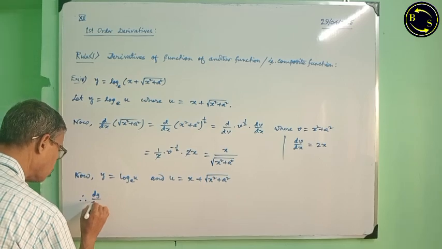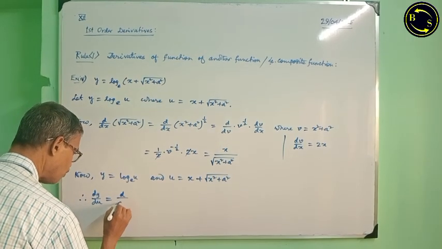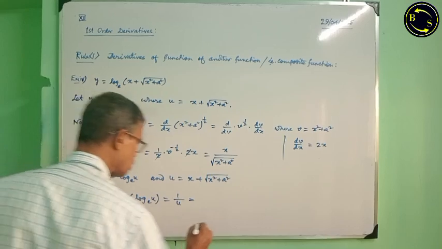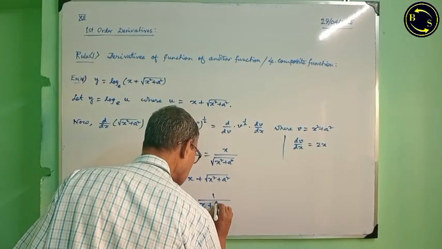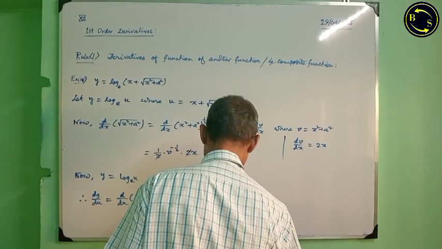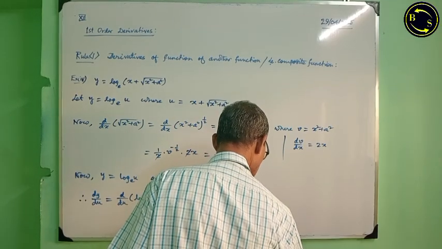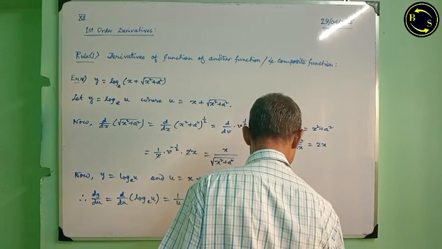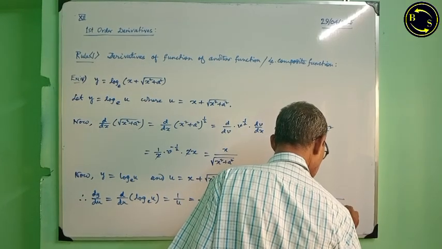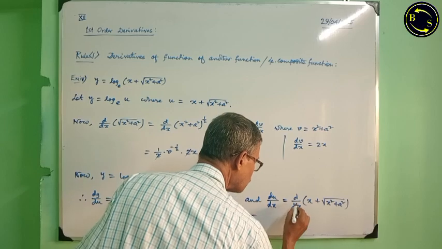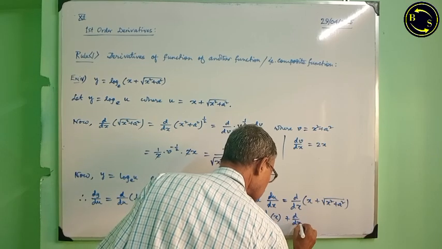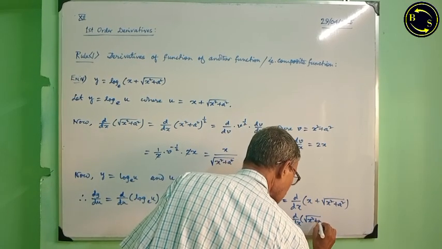Therefore dy/du of log u is 1 by u, that is equal to 1 by x plus root over x square plus a square, and du/dx is equal to d/dx of x plus root over x square plus a square, that will be equal to d/dx of x plus d/dx of root over x square plus a square.